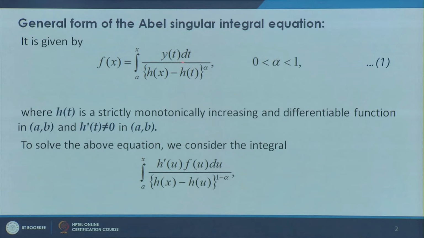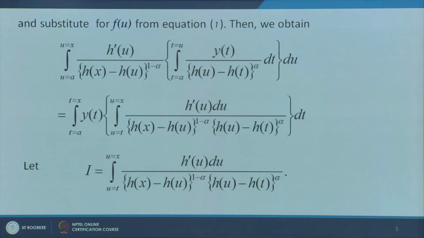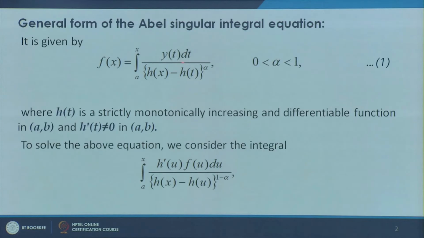What we do is, to solve the above equation, let us consider this integral a to x h prime(u) f(u) du over (h(x) minus h(u)) to the power 1 minus alpha, and substitute for f(u) from equation 2. So in this integral the value of f(u) is then substituted.